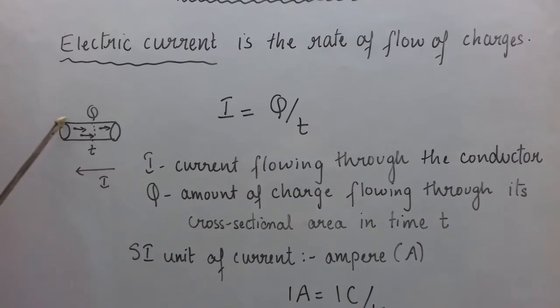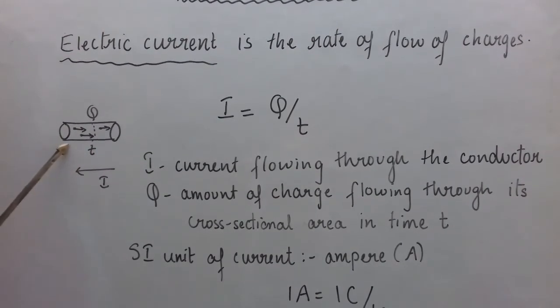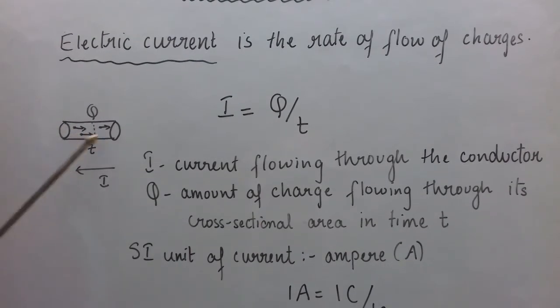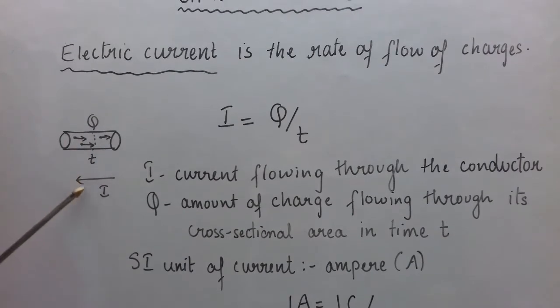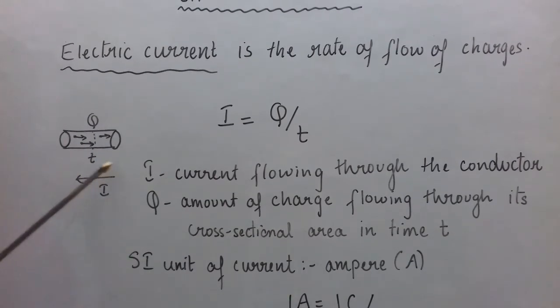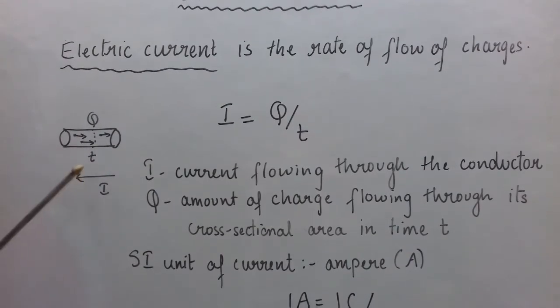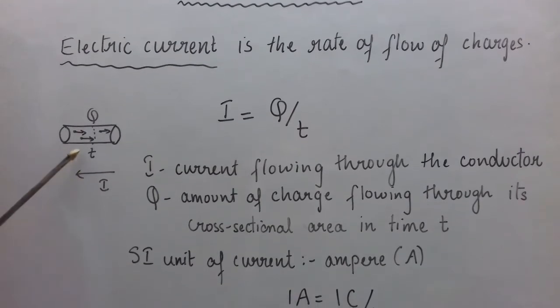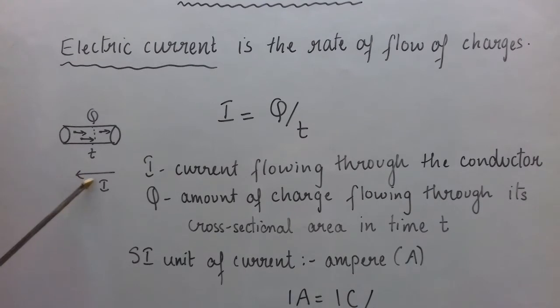But we know that in the conductor actually electrons move, and flow of electrons constitutes electric current. If I consider the electrons are moving towards the right hand side, what is the direction of current that we take? Towards the left hand side. By convention the direction of electric current is the direction in which the positive charge moves, but in reality electrons move, and so this convention has not been changed.